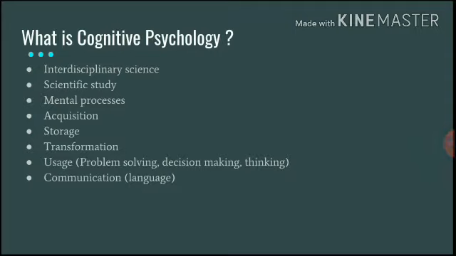So that would be a basic summary of what cognitive psychology is. I hope that at the end of this session you'll have a clearer idea of what exactly cognitive psychology is and the important role that it plays in understanding human behavior.